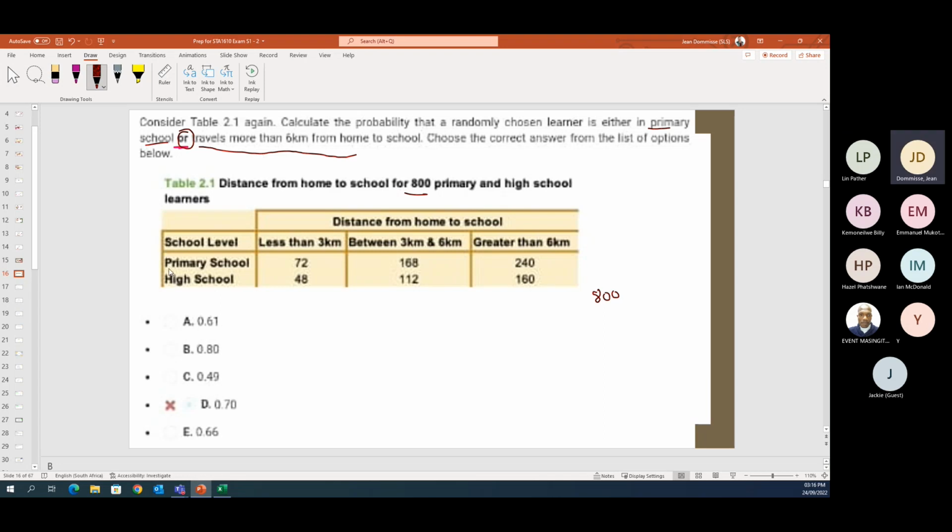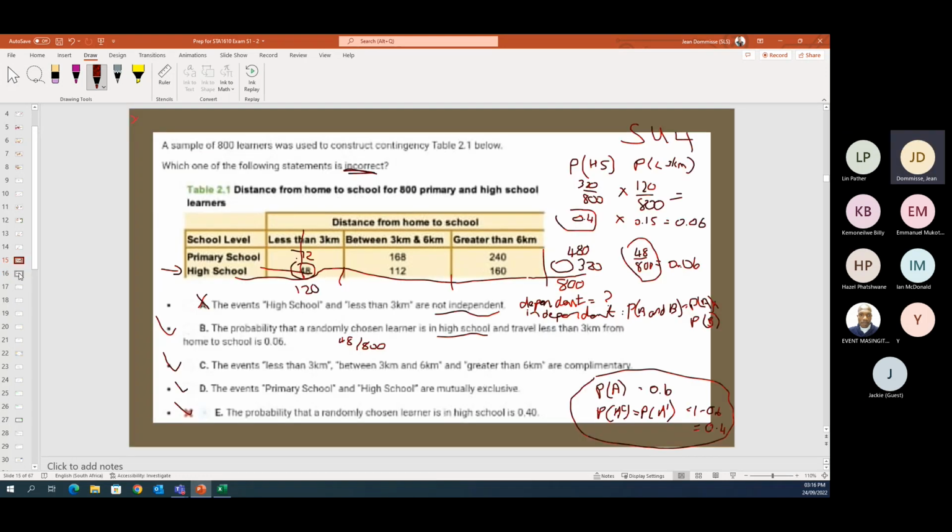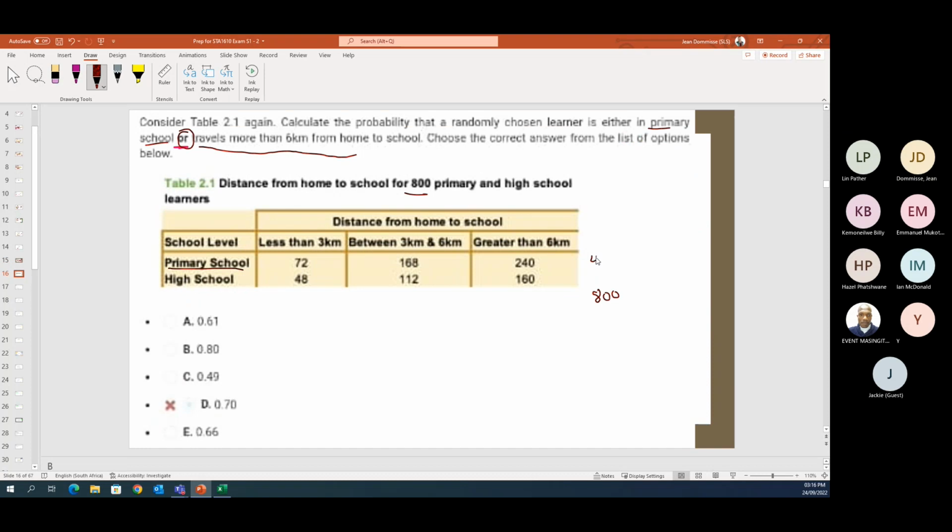It's primary school. So primary, I'm going to just quickly go back. So that was 80. That was 320. Okay, so the chosen learner is either primary school, so that is 480 divided by 800, or the learner also travels more than 6 kilometers from school.